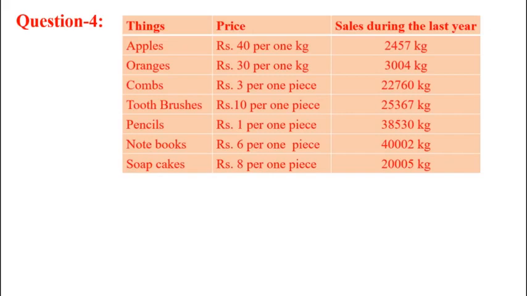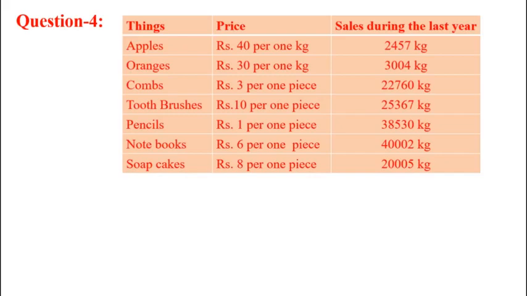The amount of apples sold during the last year is 2457 kg. And the amount of oranges sold in the last year, that is 3004 kg. Similarly, for combs, it is 22,760 kg. For toothbrushes, this is 25,367 kg.